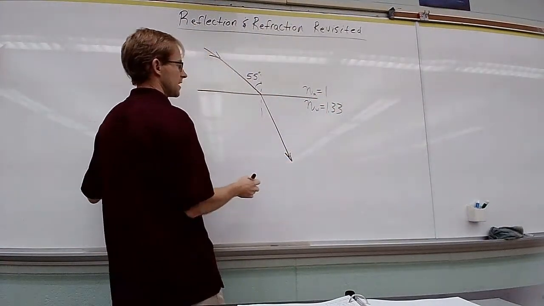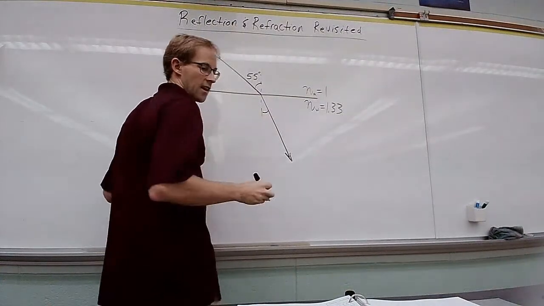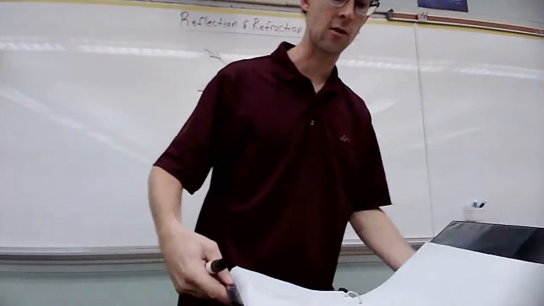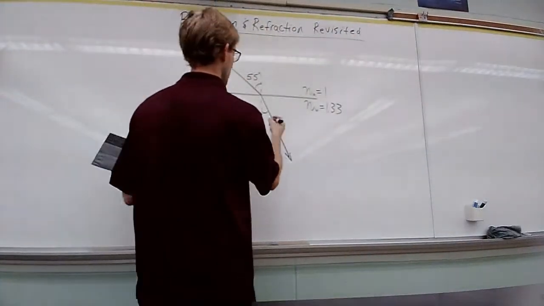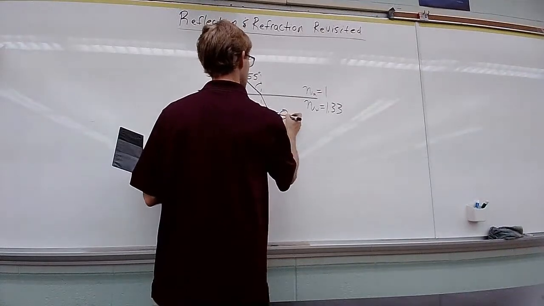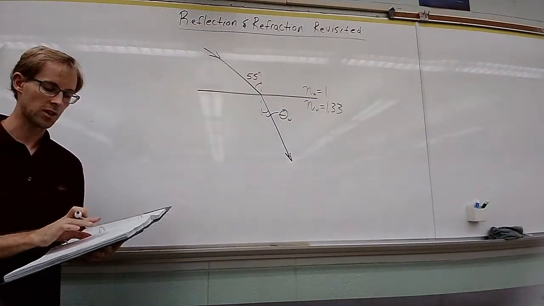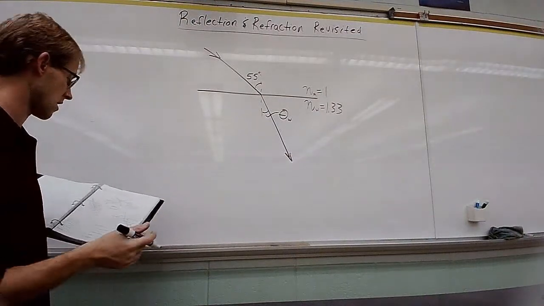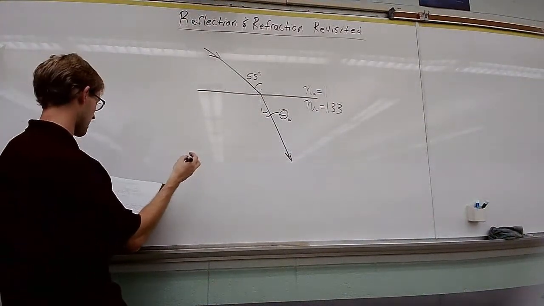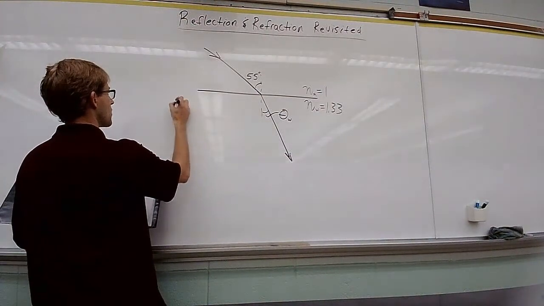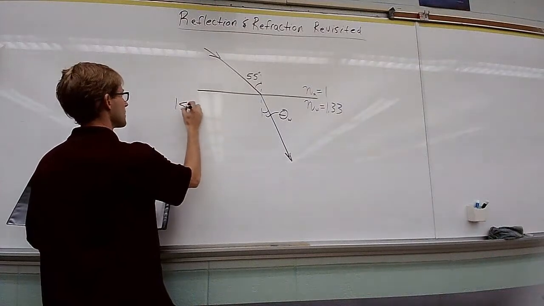Maybe something like this. And if we wanted to, we could use Snell's law to figure out what that angle is going to be, the angle it makes in the water. You can copy this down if you like, but you don't have to work through it on your calculator. Snell's law was mostly last chapter, but I just want to briefly touch on it here.